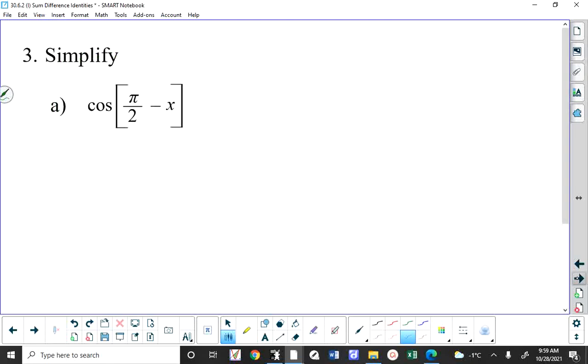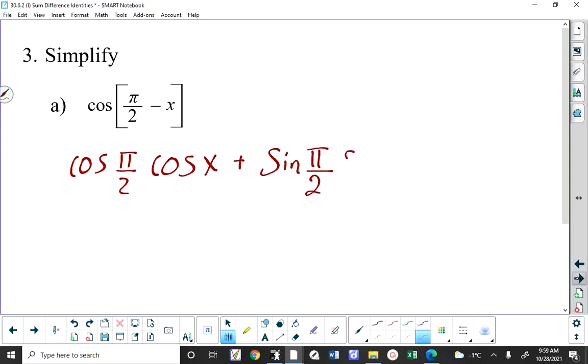Simplify this. Well, this is equal to cosine of pi over 2, cosine of x, plus sine of pi over 2, sine of x. I'm just applying the difference identity for cosine.